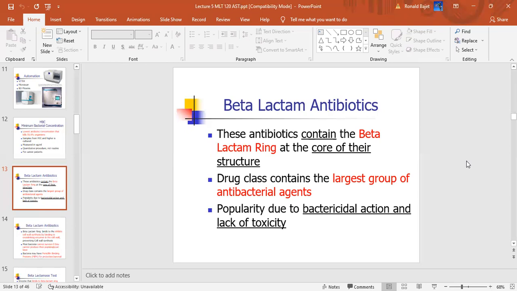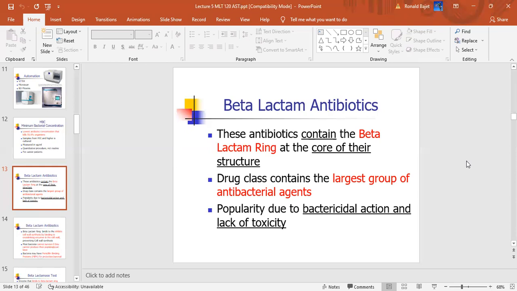The way the beta-lactam ring works is that it acts on the enzymes that link the peptidoglycan linkages, okay? So the beta-lactam antibiotic acts on the organism's peptidoglycan cross-linkages. You know that, right, from the Gram stain.